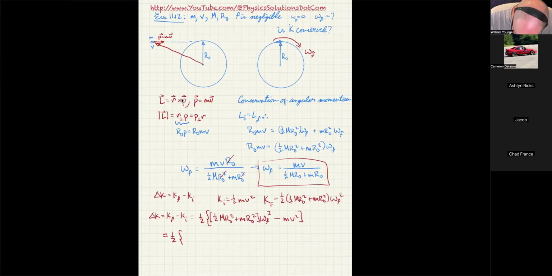It's 1/2 times, now I'm going to have 1/2 mr0 squared plus mr0 squared times omega f squared, which is m squared v squared over 1/2 mr0 plus mr0, and that quantity is going to be squared as well. All this is times that, and then minus m v squared like that.